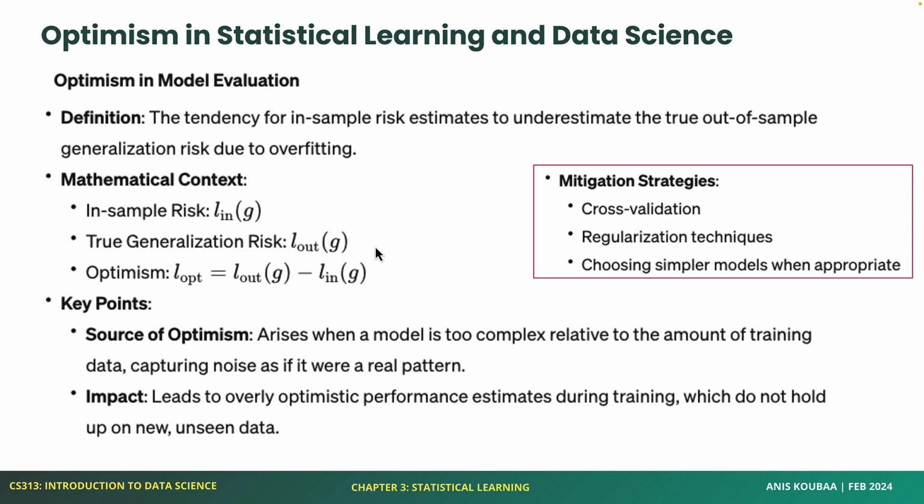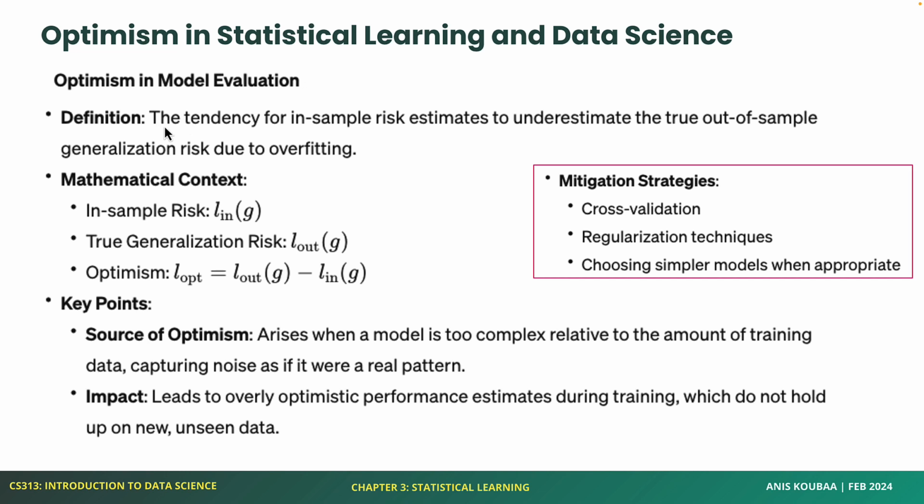If we consider data that is noisy around a particular model known in advance, how can we calculate the optimism? Now we introduce the concept of optimism as the difference between the true generalization risk and the in-sample generalization risk. The in-sample one is obtained by the training, and the true one is what we know in advance.